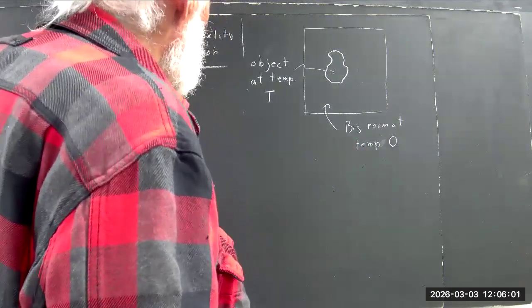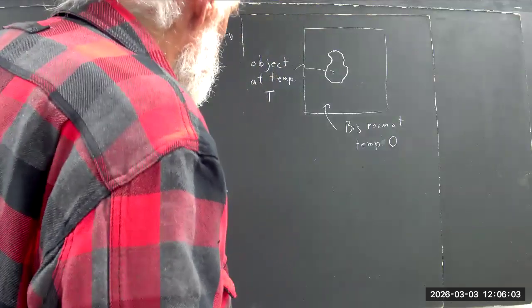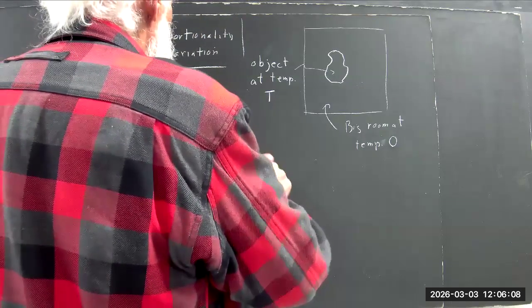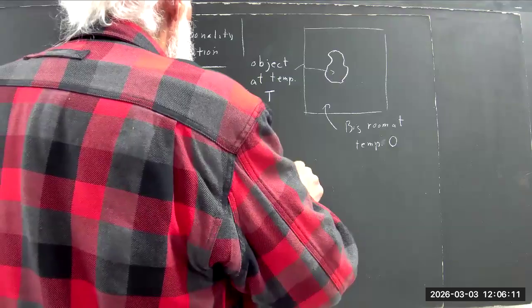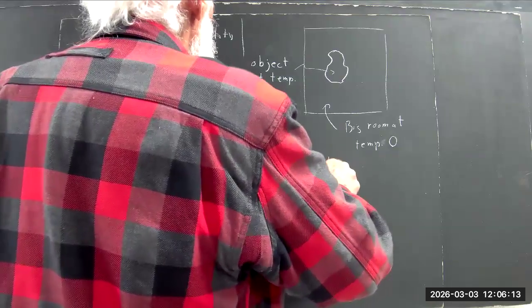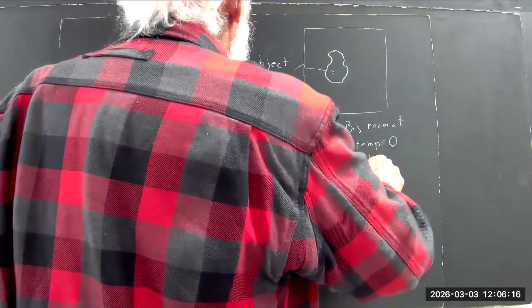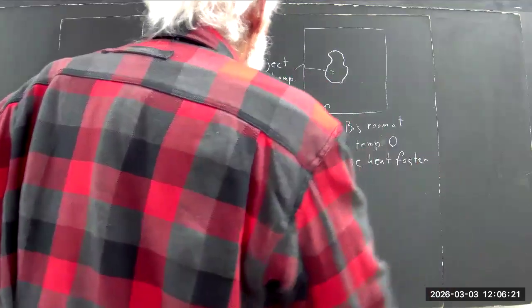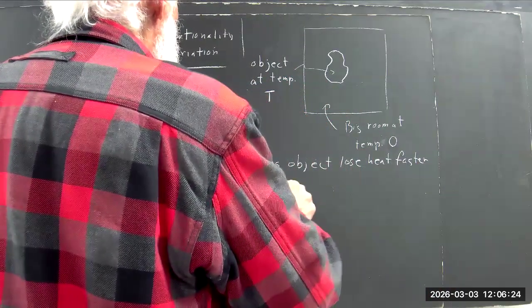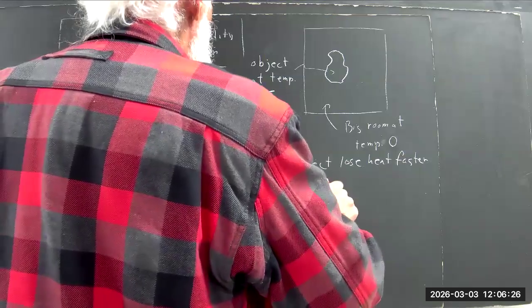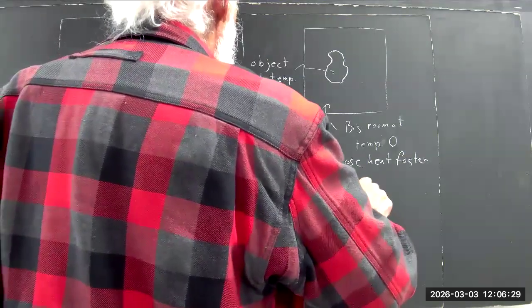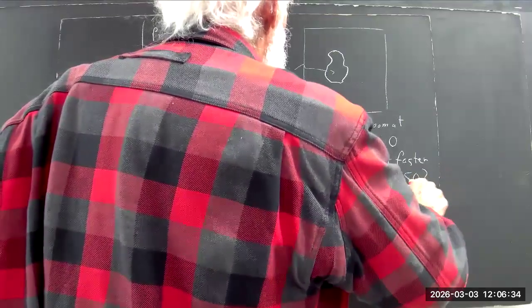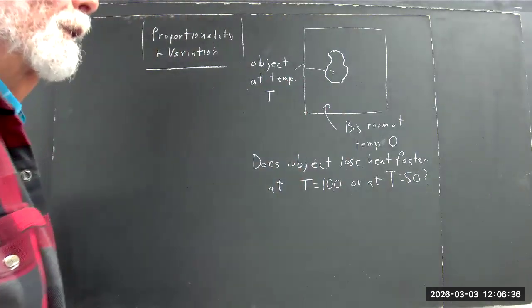Let's just say then, well, let's observe if the object loses heat faster at T equal 100 or T equal 50.